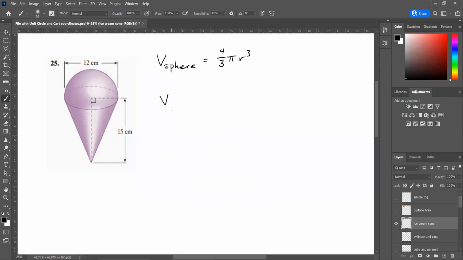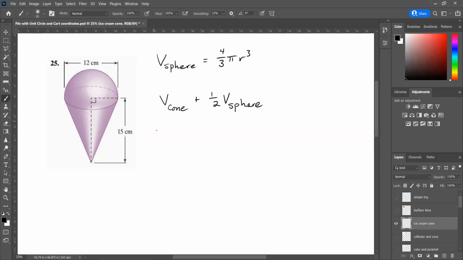So if we take the volume of the cone and add that to half the volume of a sphere, and we're doing half because this ice cream that's on top is really only half of the sphere. The sphere is like a ball.